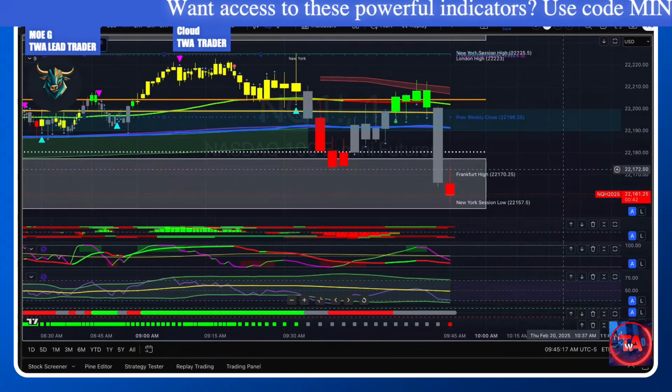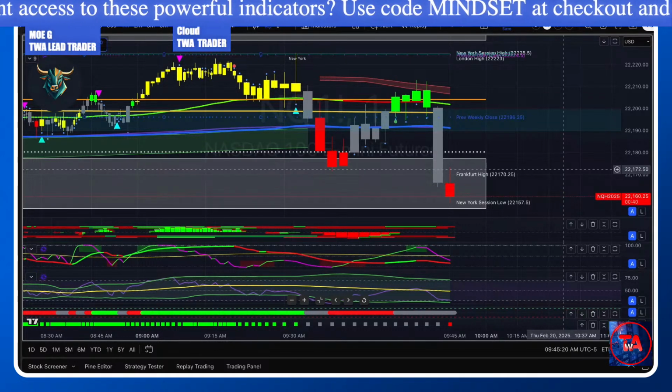Ooh, breakout, breakout, breakout printing.